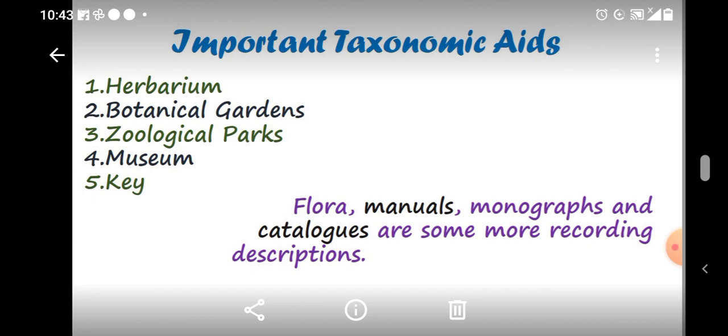Along with these, we also involve flora, manuals, monographs and catalogs. These also give us information about identification and classification of organisms, and these are called recording descriptions. So let us start with these taxonomical aids one by one.